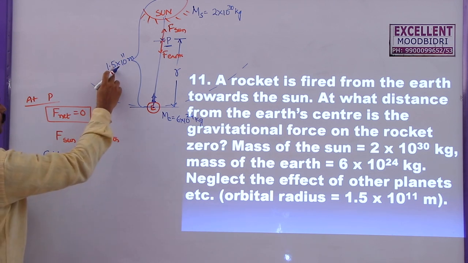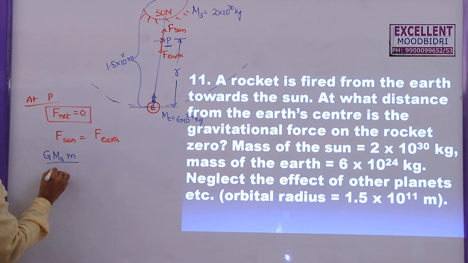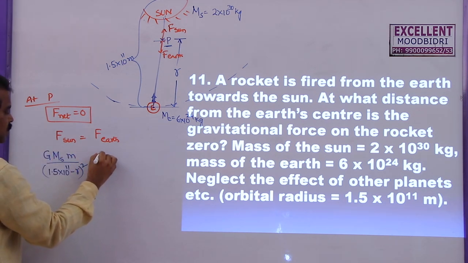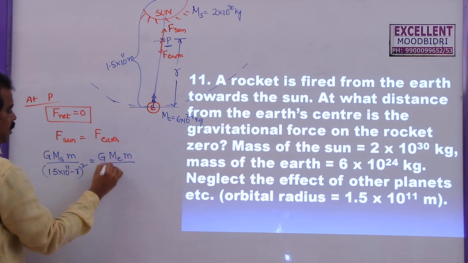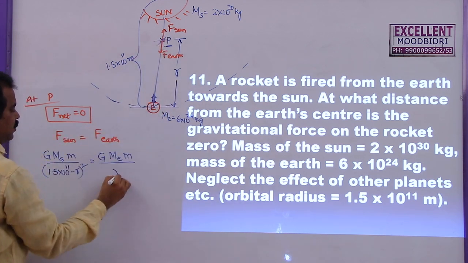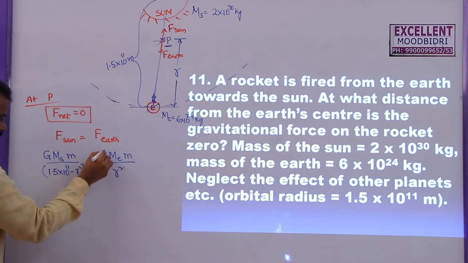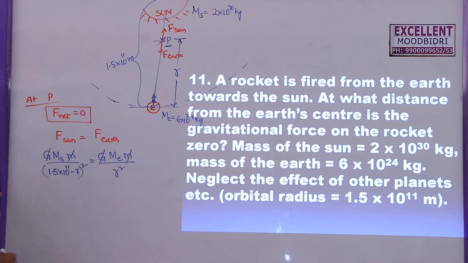So if it is r, this would be 1.5 into 10 to the power 11 minus r whole square. This is capital G m1 m2 by r square. This must be equal to capital G, mass of earth, mass of rocket, by the distance between earth and rocket. This is exactly r square that we are finding. You can cancel capital G and the mass of the rocket, and it does not depend upon the mass of the rocket.